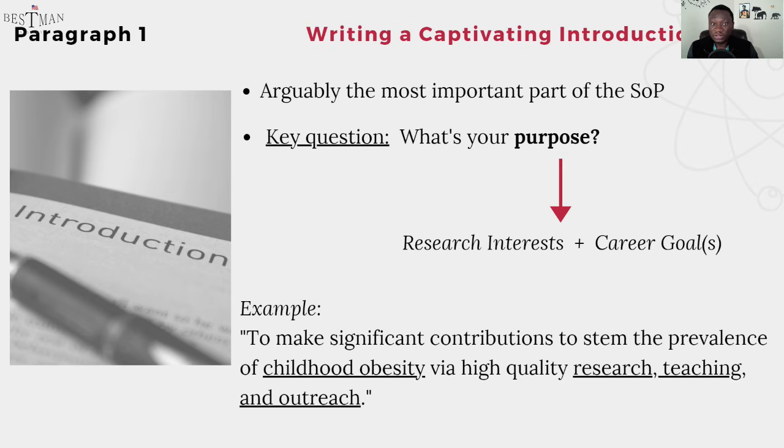So the key question here is, what is your purpose? And of course, you just don't want to write that out. You have to support it with certain things that we'll talk about in a minute.